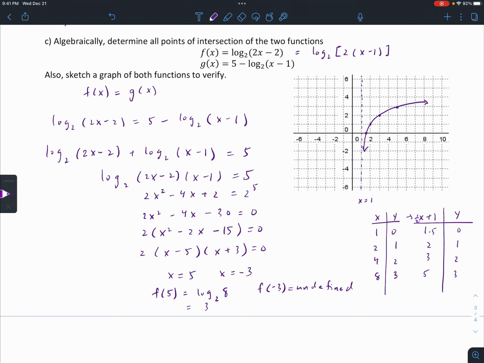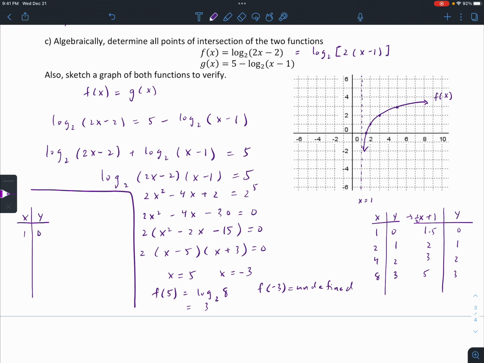Okay, so that's f of x. Now I could fit it here. For g of x, we can use the same points actually.